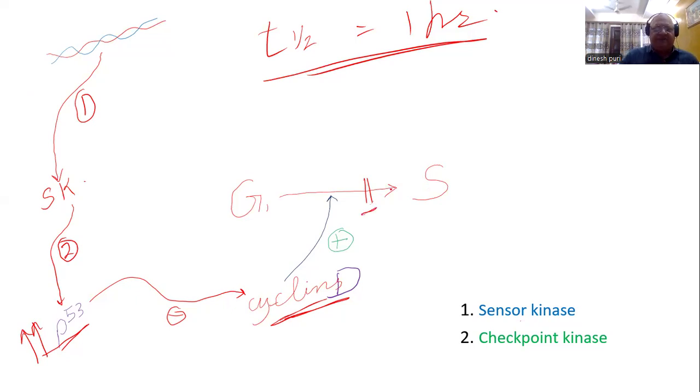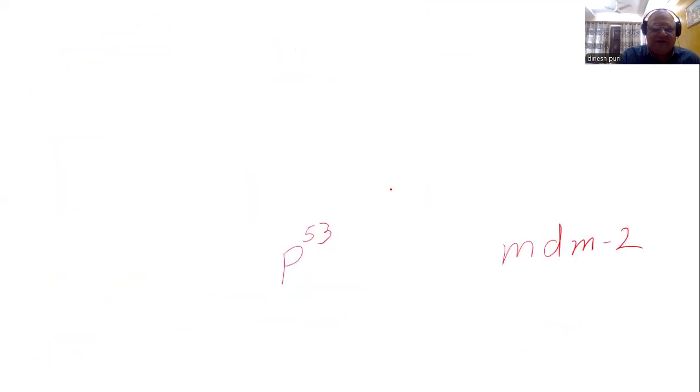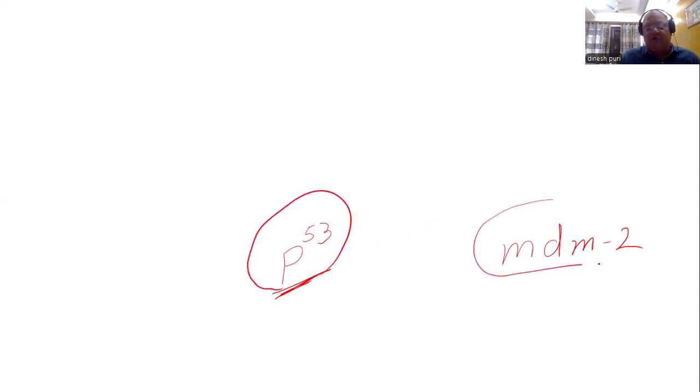But this question is for the inquisitive minds, for the postgraduates: how is damage causing increased half-life of P53? P53 की half-life बहुत कम है. Reason: it binds with a proto-oncogene called MDM2. Fast binding, and MDM2 very quickly sends the P53 to the proteasomes for degradation. अब ये kinases क्या करते हैं?